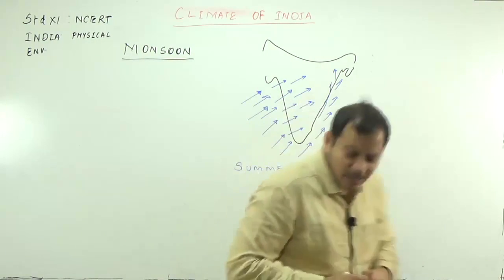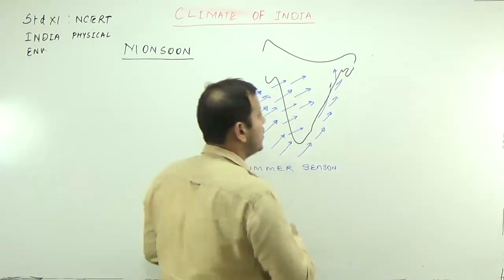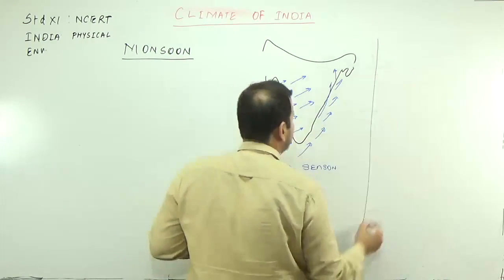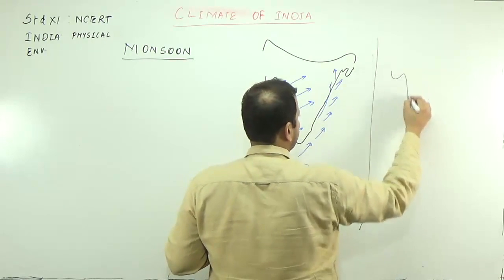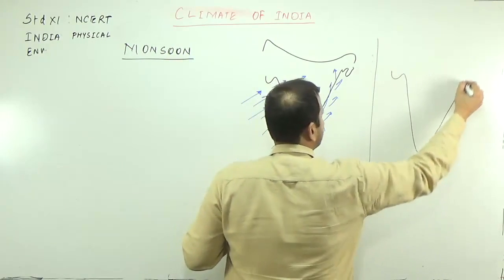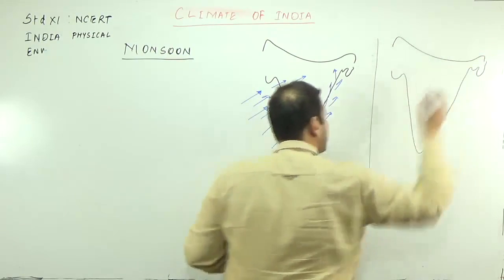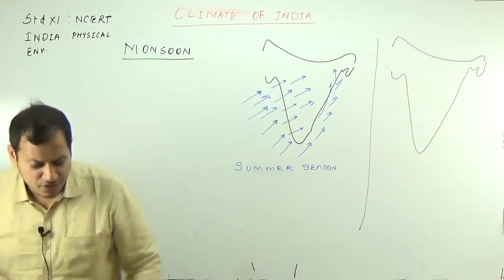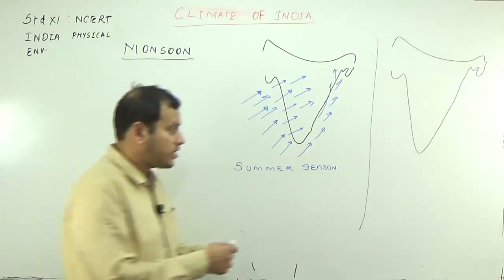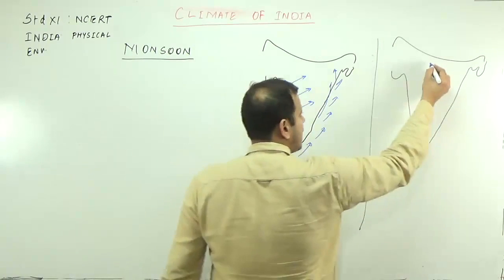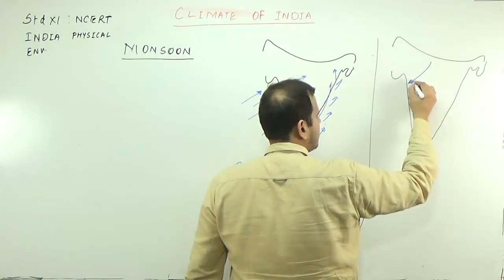If we look at the other wind which blows over India during the winter season, we can see the wind originates from the northeastern part of the country. This is the wind in the form of the northeast monsoon. That means my direction of arrow here is changing now.